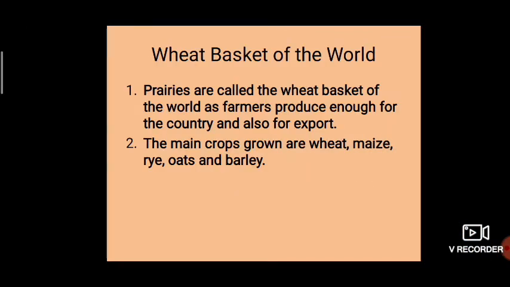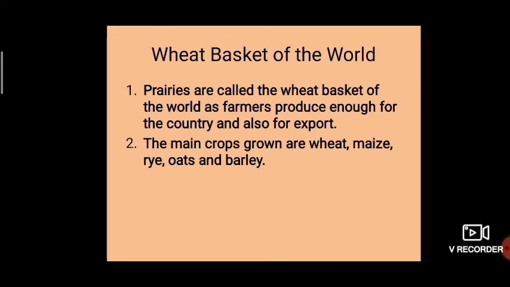Next is the wheat basket of the world. Now what is the wheat basket of the world? Students, this is very important: prairies are called the wheat basket of the world. The reason is the production in prairies.